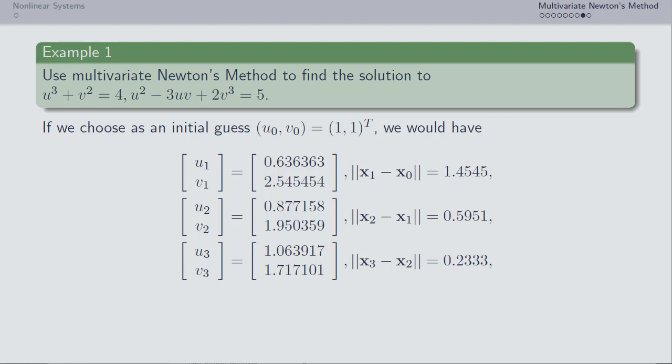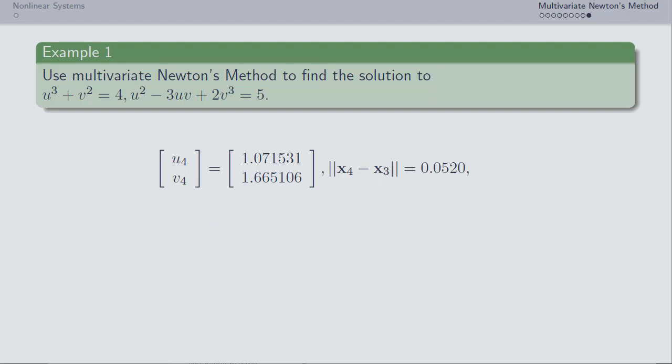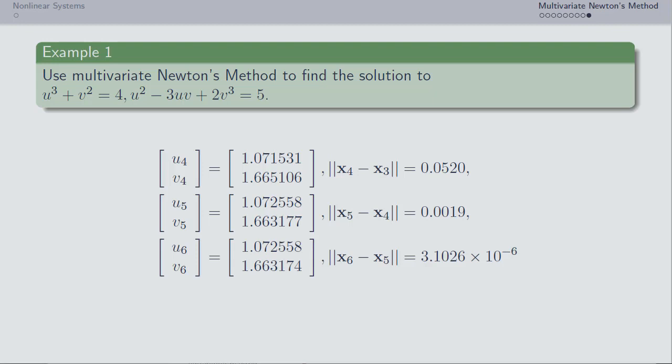Keep on going, it goes down to 0.233, then 0.0520, so it's coming down, then down to 0.0019, and the next one's down to 10 to the minus sixth. And so we're seeing the acceleration that we would expect to see with something that exhibits quadratic convergence. All right, so we'll code this up in class.